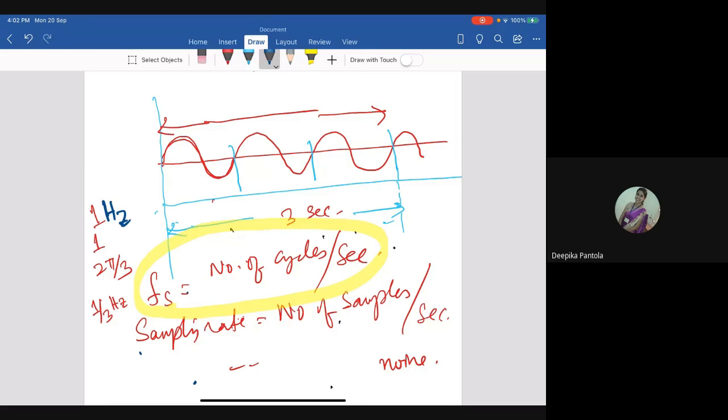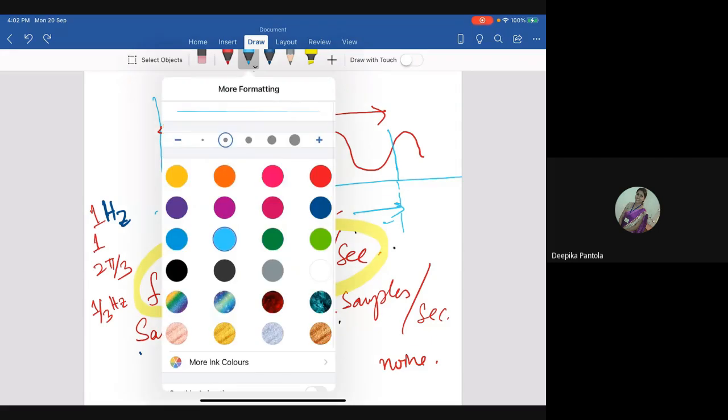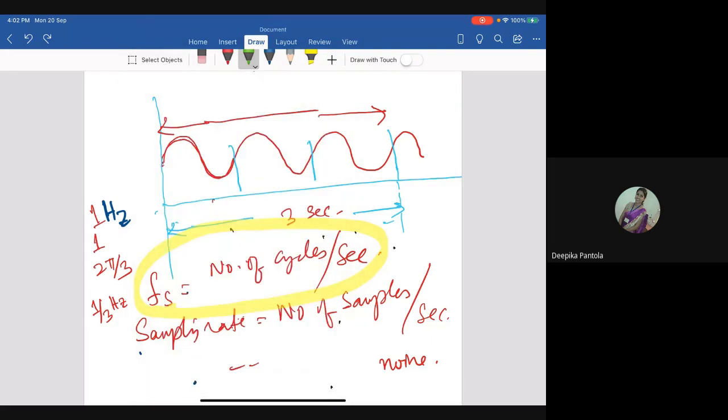Right, sir. When the sampling rate is number of samples per second or number of cycles per second, that means you have to see how many cycles. This is what I told you. This is one cycle.